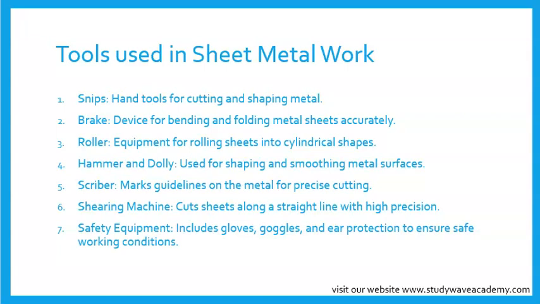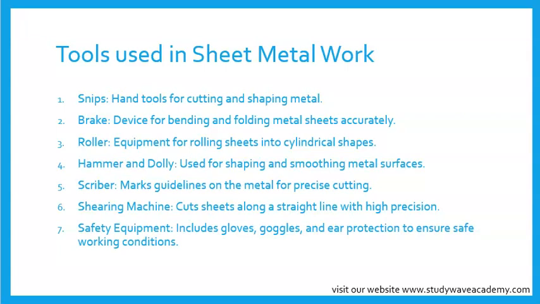Okay, safety gear: gloves, goggles, and ear protection to stay safe. Okay, so these are the tools used in sheet metal work: snips, brake, roller, hammer and dolly, scriber, shearing machine, and safety equipment. Okay, these tools help turn flat metal into amazing shapes. Do we understand?